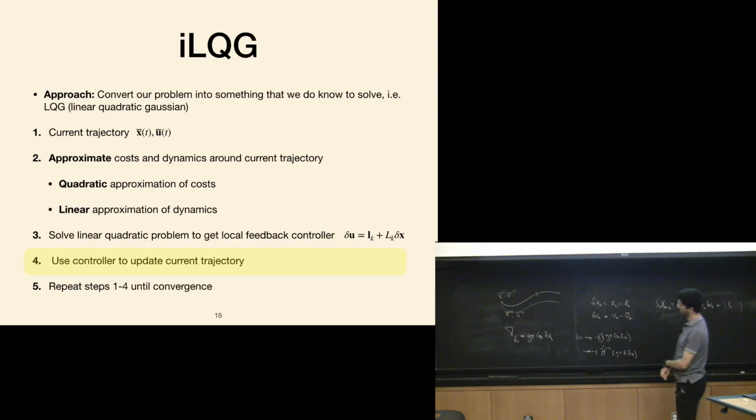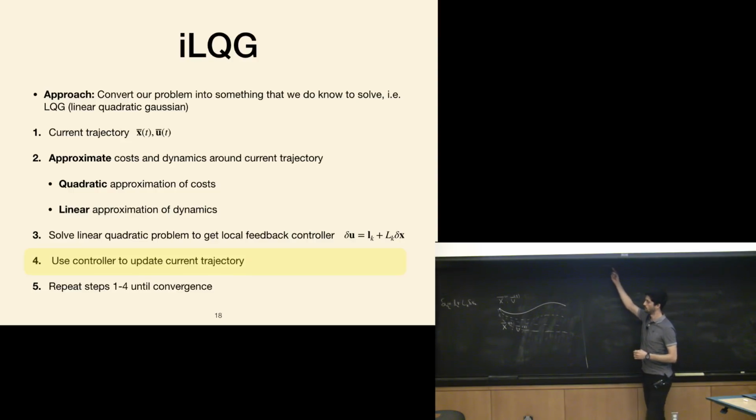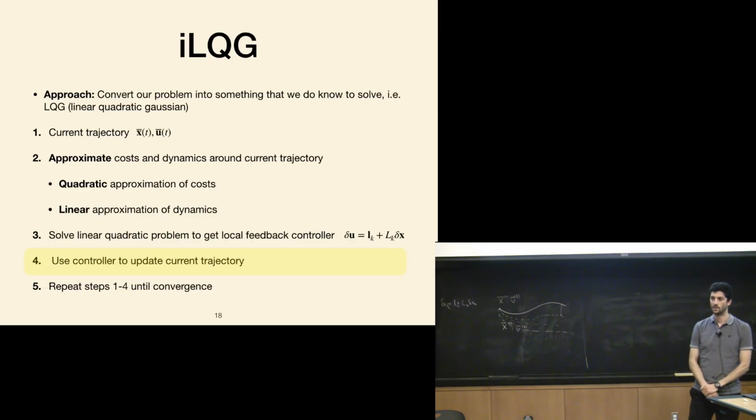What it's saying is you want your next trajectory under this controller to not be too far from where you currently are. One way is to do this. Another way is, when you're doing your optimization, you can enforce some distance constraint on how far you're allowed to step. That's what the machine learning people do, and you'll see that as a KL divergence constraint. That's just saying don't get too far from where you currently are, because your approximation is no longer valid if you do that. Okay.